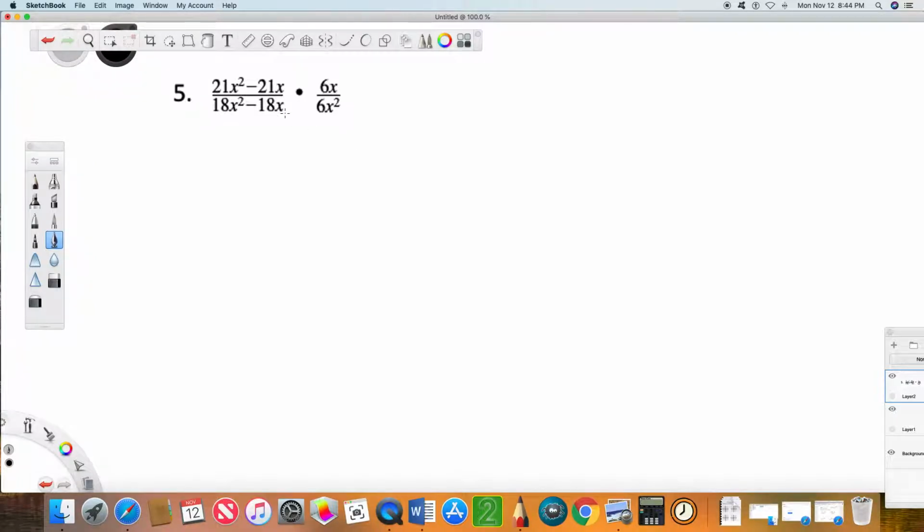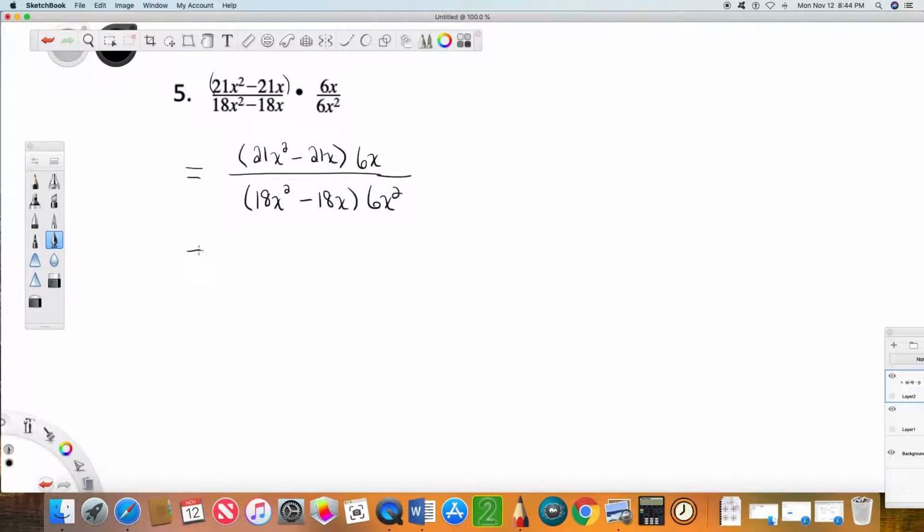But let's start out by writing these two fractions as a single fraction. Let's multiply the two numerators together and multiply the two denominators together. We need to put parentheses around that binomial if we're going to multiply it by 6x. So we've got (21x squared minus 21x) times 6x, and in the denominator, we have (18x squared minus 18x) times 6x squared.